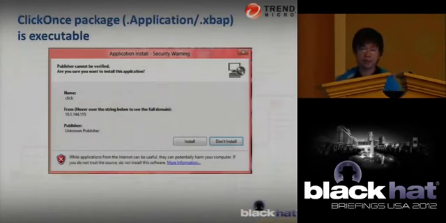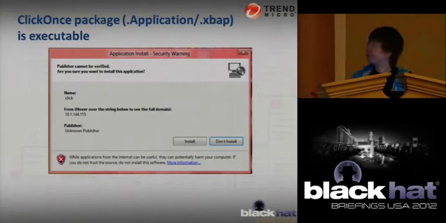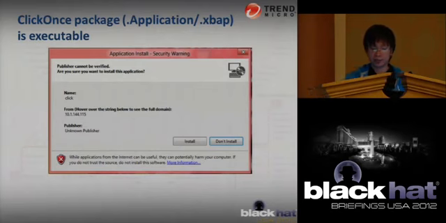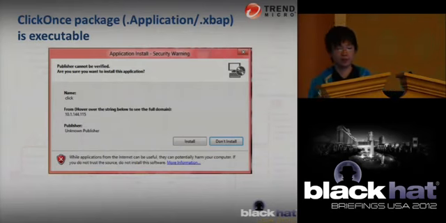Okay, the second way, ClickOnce package. In our testing, Windows checks the file extension before opening. So exe or some other executable files are not allowed to execute. However, the ClickOnce package, the .application file or .xbap file, is allowed to execute with higher permission and can be used to install files in the computer.